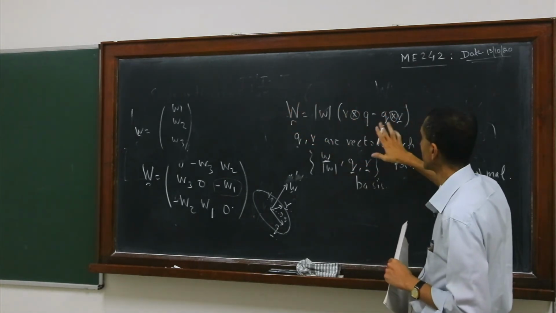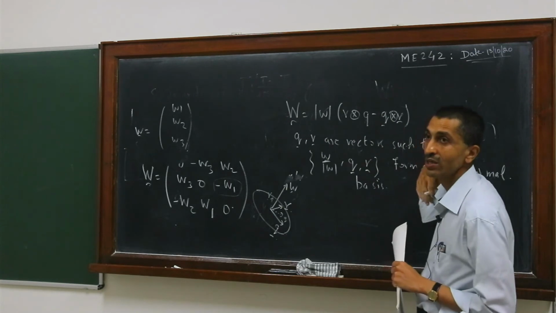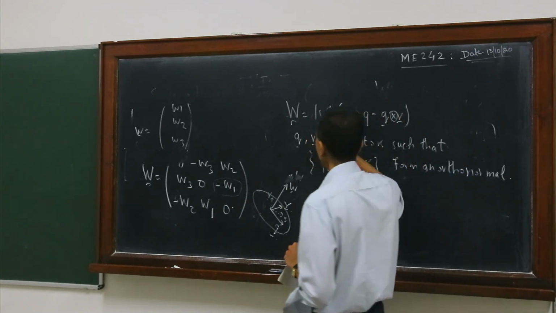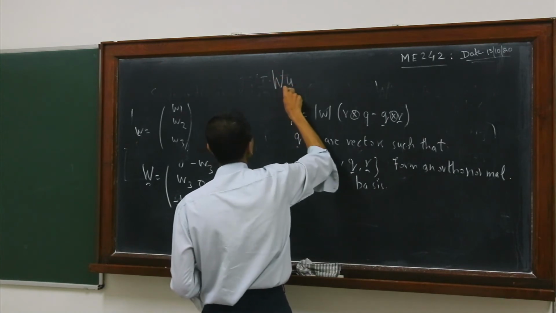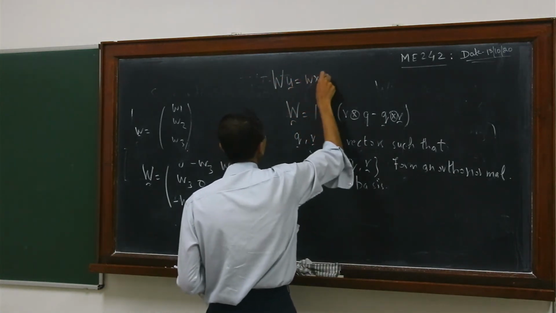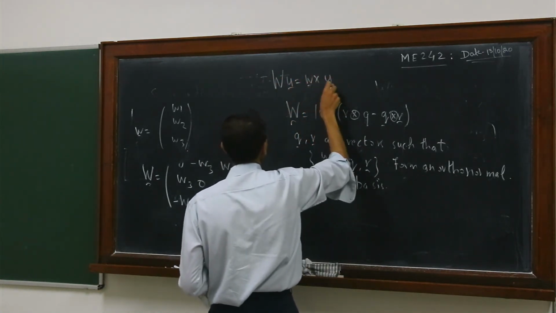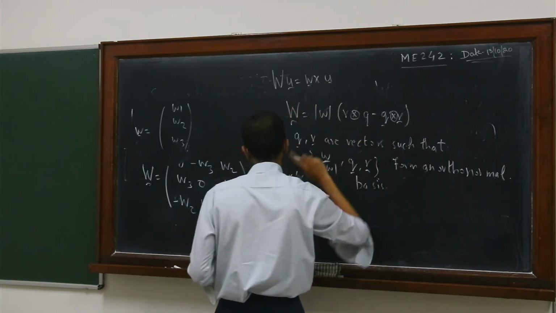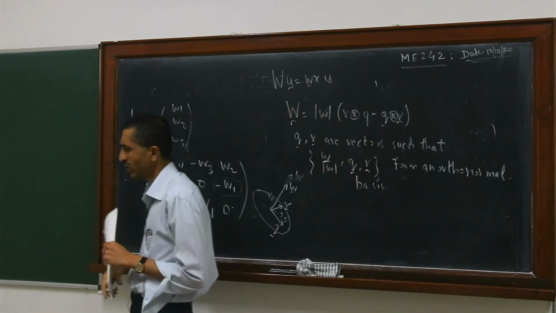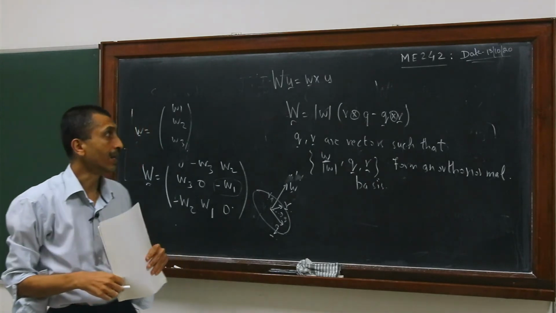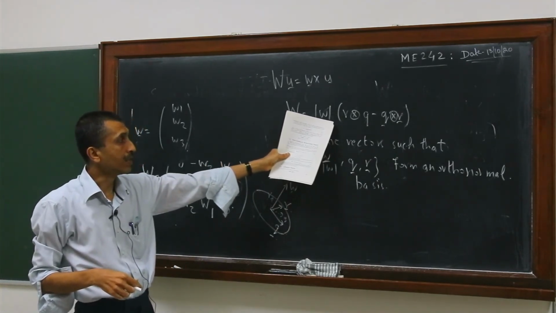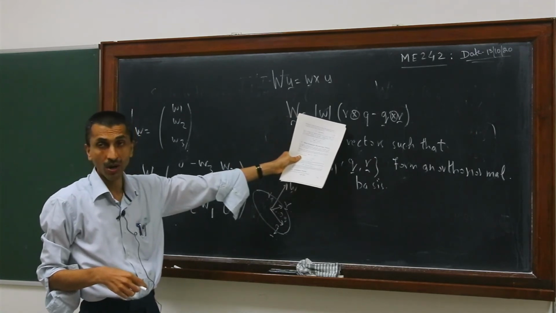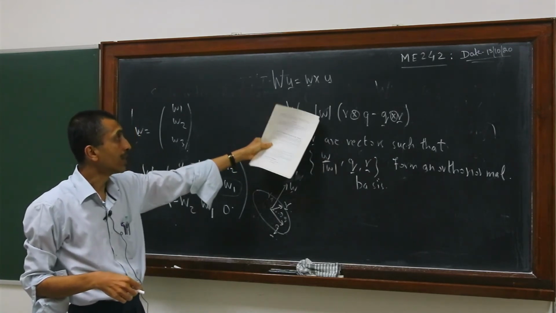Here, one thing you can try and show is that, using this particular relation, WU is equal to W cross U. Try to show this, whether you use index notation or directly use this particular relation and the definition of a dyadic product.